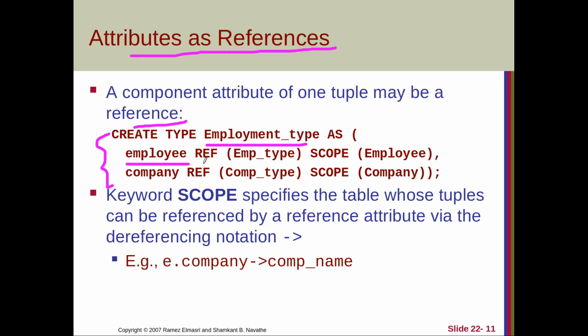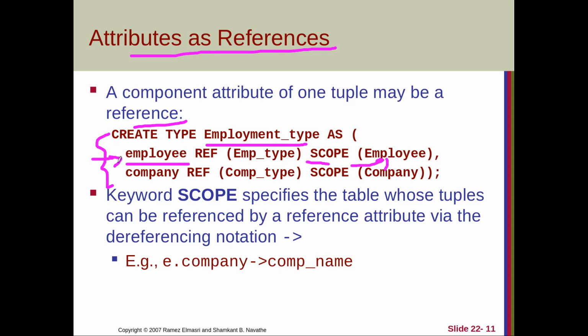Employee ref, reference of employee type, scope employee. So one attribute of this employment type, that is employee, is a reference to employee type of another type, employee.